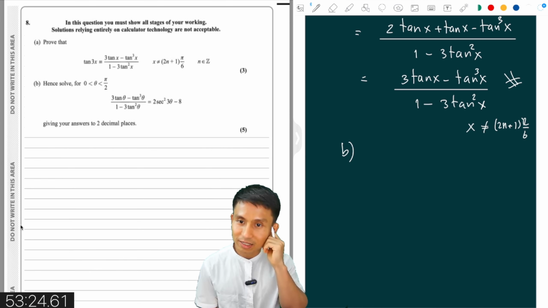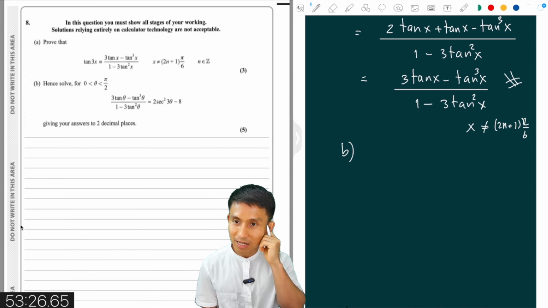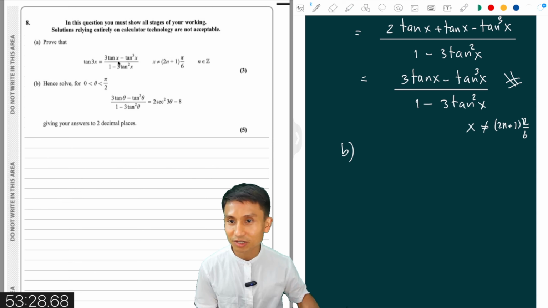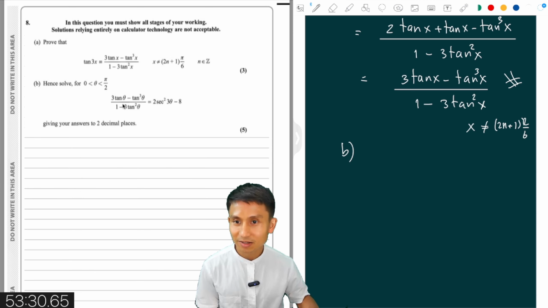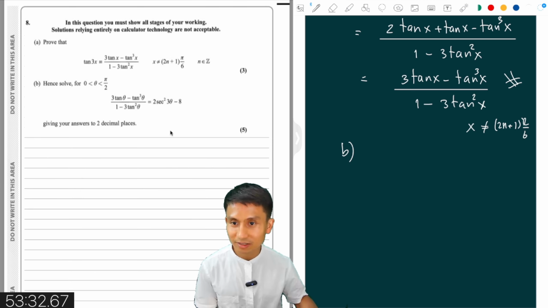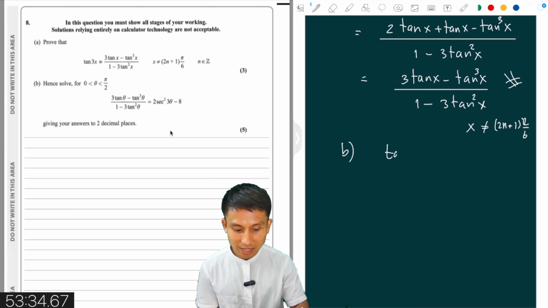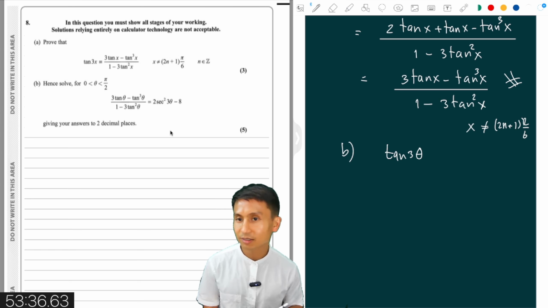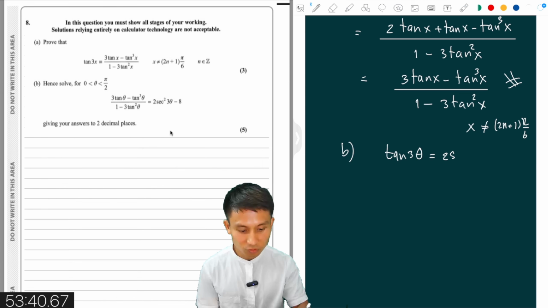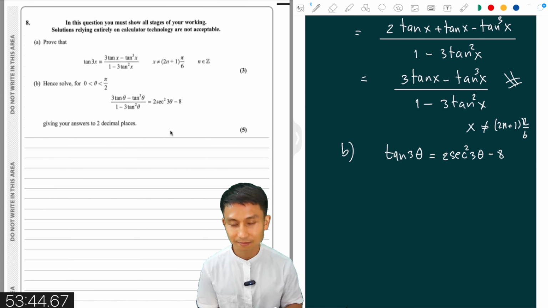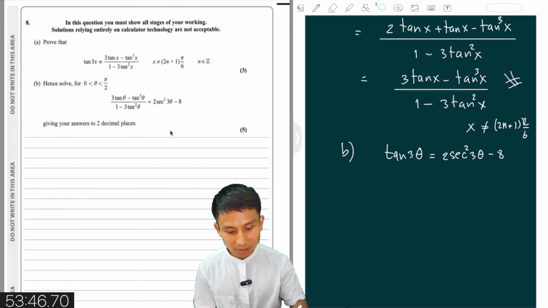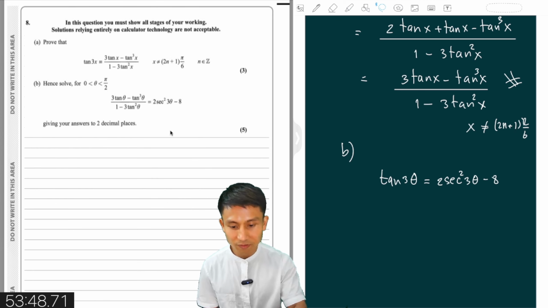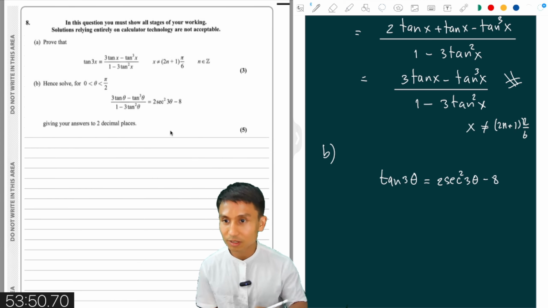Okay, so if you look at part A, it is exactly the same, just turning x to a theta, right? So we can turn the left part here to tan 3 theta, right? Equals 2 sec squared 3 theta minus 8. Yeah? And now let's deal with the bounds first, because I'm always cautious about the bounds.